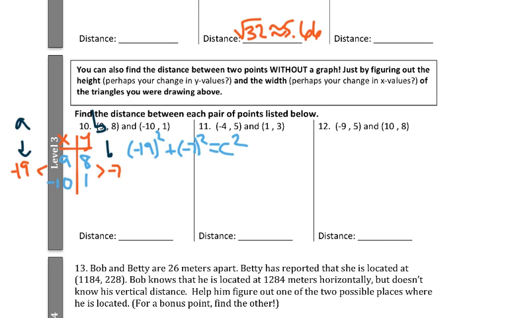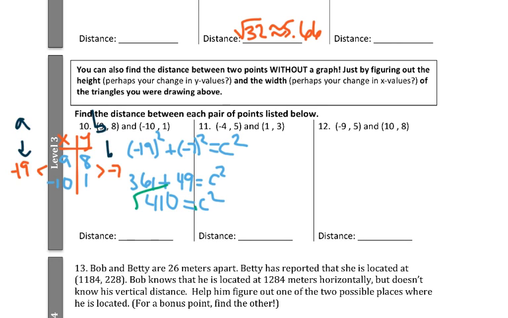Oh man, I can tell I need my calculator. 19 squared is 361. -7 times -7 is +49. And that equals c squared. So let me take 361 plus 49, and I get 410, which equals c squared.